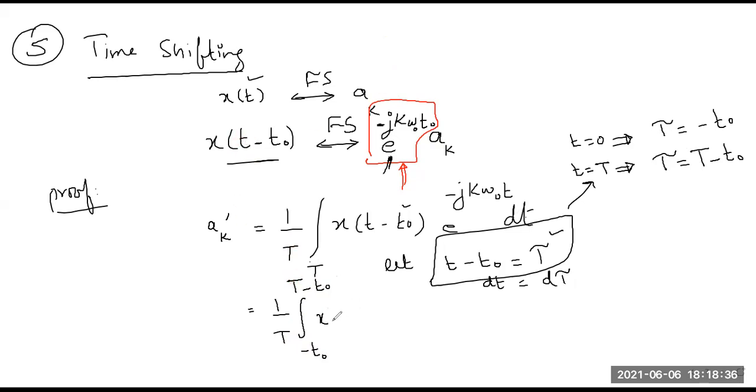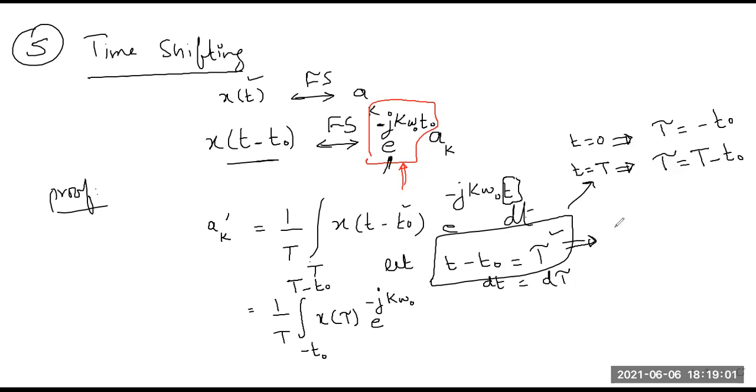Then we have x of tau e power minus jk omega naught t. In place of t, now we have to make use of this.